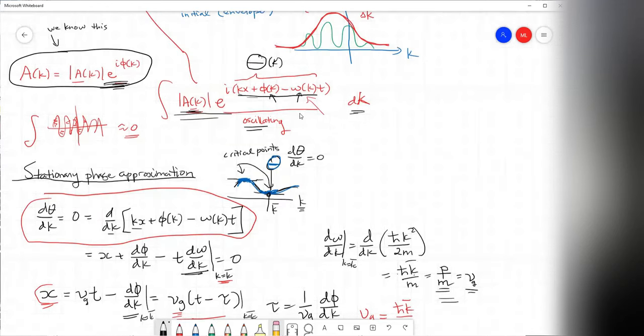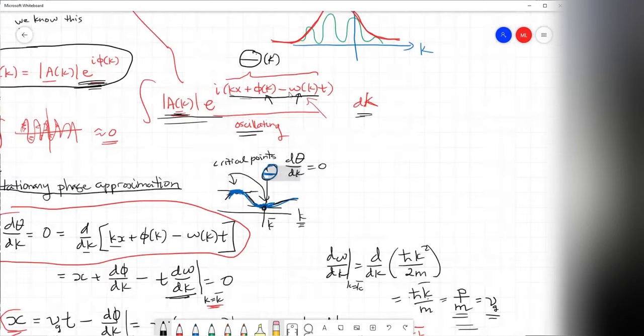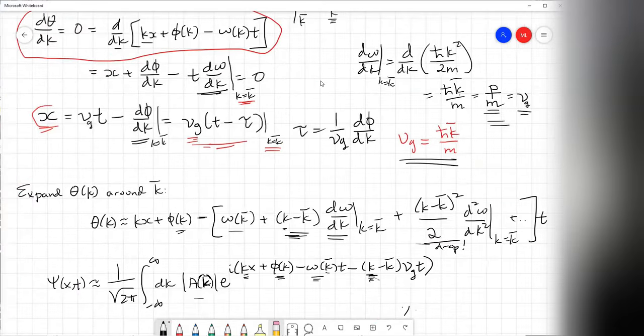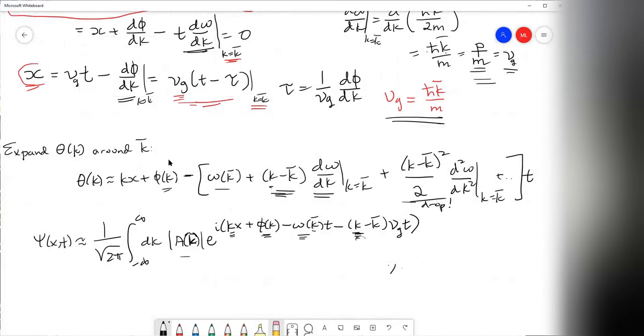So what I want to do is take this omega, which is a function of k, and expand it around the stationary point. And that's what I'm doing here. I took this part, which I'm leaving alone, and this I'm expanding the omega around k bar, the stationary point. And if the stationary phase approximation is good, then I don't have to expand very far.